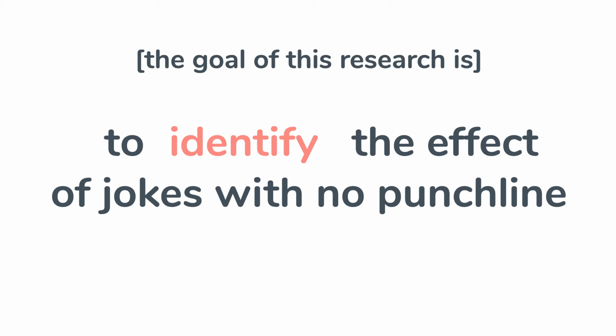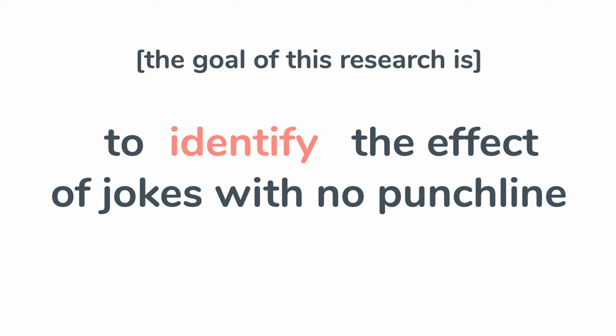Okay, so this is what I did. It helps a lot to think of the goal by writing or thinking of this statement. The goal of this research is to identify the effect of jokes with no punchline. I could change that verb, okay? So in this particular case, I went for the easiest thing.